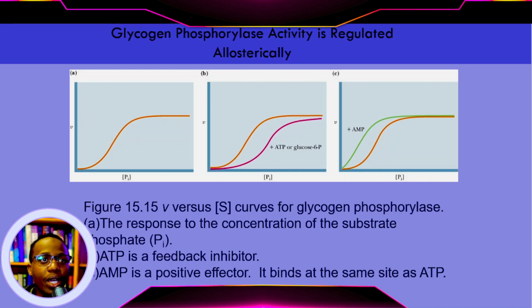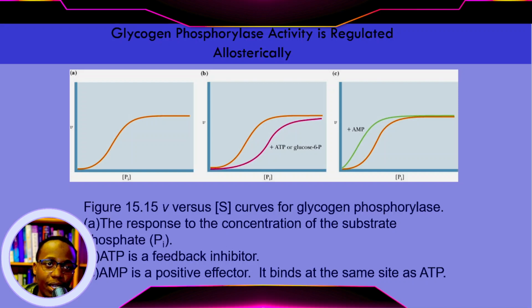And if we had to calculate the Km of the enzyme, remember that it's going to be higher, right? And whenever you inhibit, the Km goes higher, and when the Km goes higher, what happens? The enzyme is less effective, right? And the opposite happens when you add AMP.